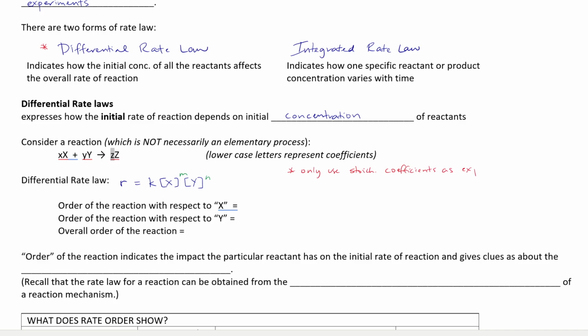You only use stoichiometric coefficients as exponents in a rate law if the reaction is an elementary step in a reaction mechanism, for example, the rate determining step.